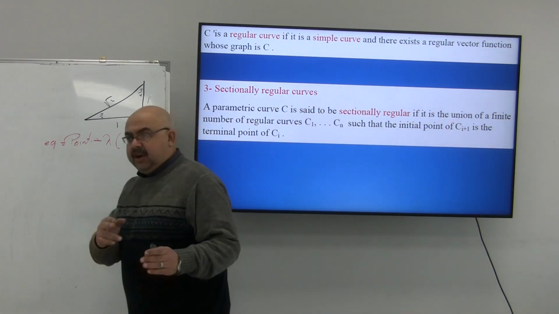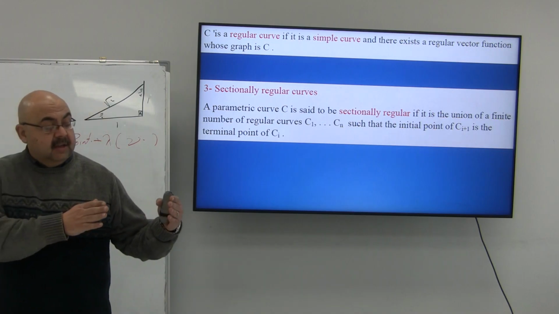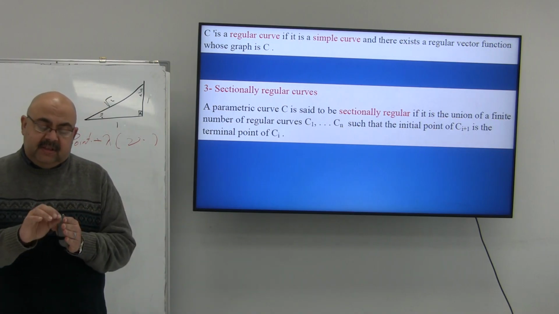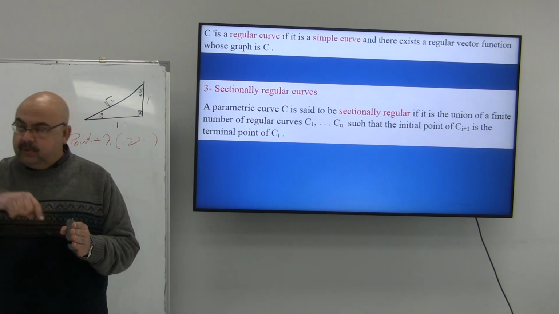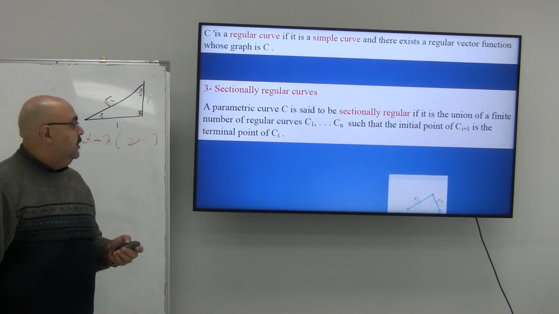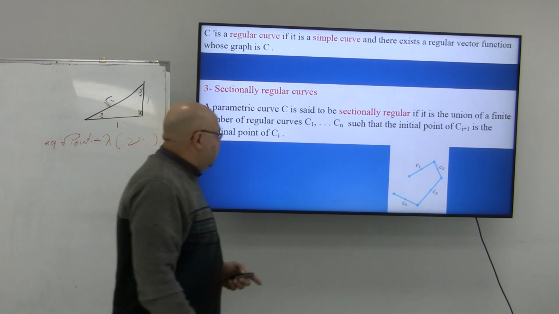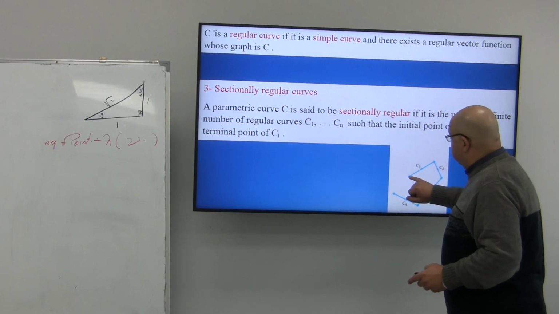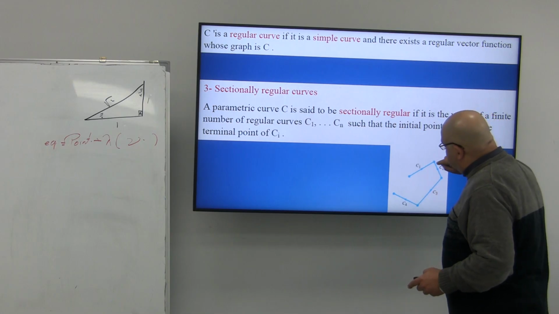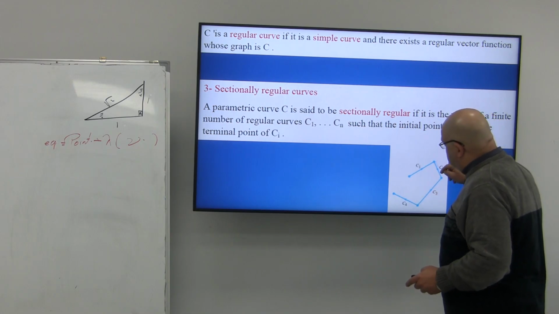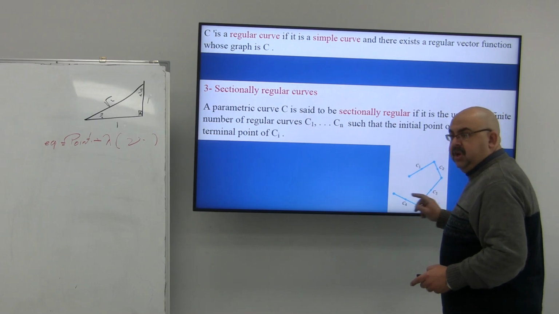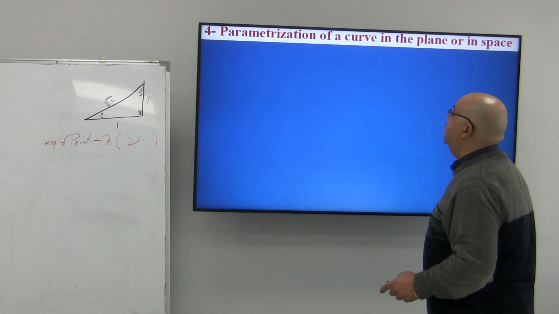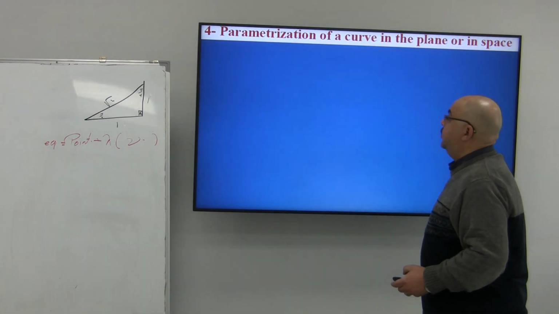This means a curve starts and ends, and this end point is the new start for the next curve. It's like those curves exactly. This is C1, start, the end point. The end point of C1 is going to be the initial point of C2. The end point of C2 is going to be the start point of C3, and so on. This is called sectionally regular curves.